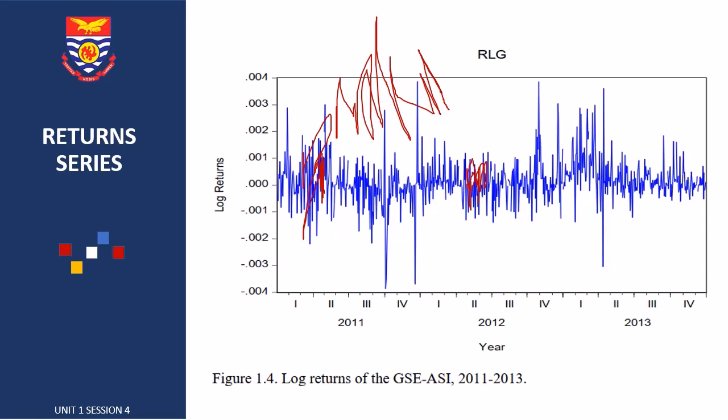And when there was a decrease, the following day also had the same downward movement, which indicates that with the return series, when there is an upward trend, or when there is a higher volatility, it will be followed by a higher volatility, and when there is a lower volatility, it will also be followed by a lower volatility, which we term volatility clustering.